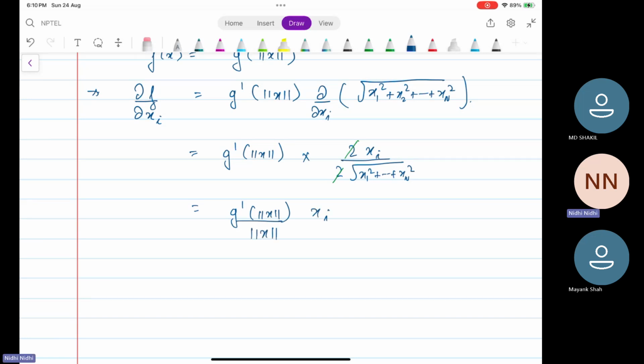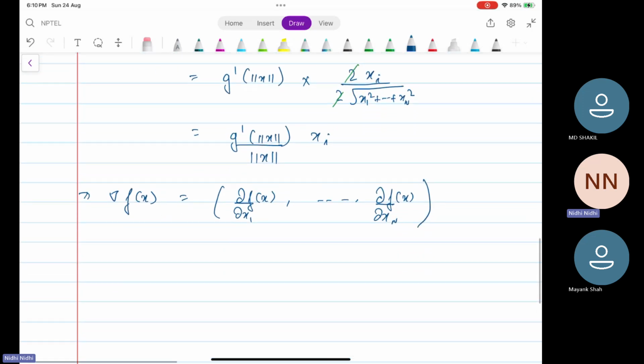Since this denominator is again norm x, we get xi. So the vector gradient f at x is equal to del f by del x1 at x, and so on up to del f by del xn at point x. And we know that each of the components is of the form g dash.